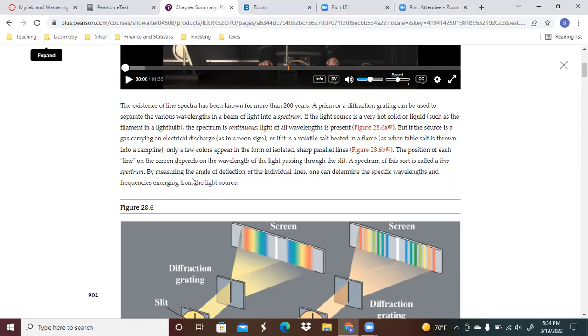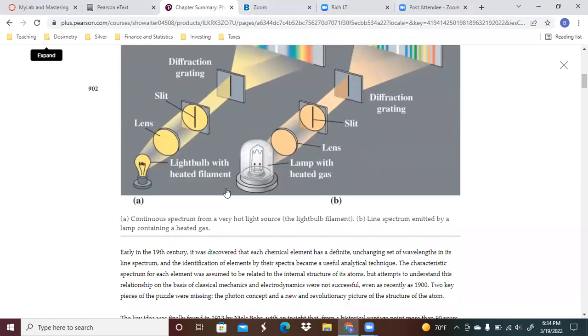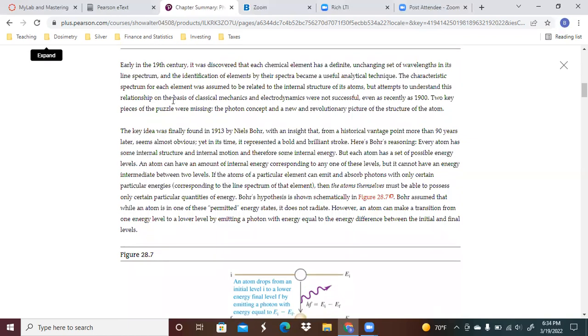By measuring the angle of deflection of the individual lines, one can determine the specific wavelengths and frequencies emitted from the light source. Early in the 19th century, it was discovered that each chemical element has a definite, unchanging set of wavelengths in its line spectrum, and the identification of elements by their spectra became a useful analytical technique.